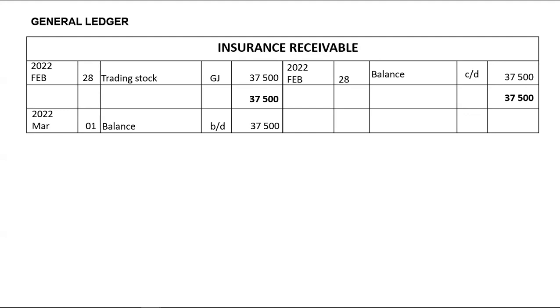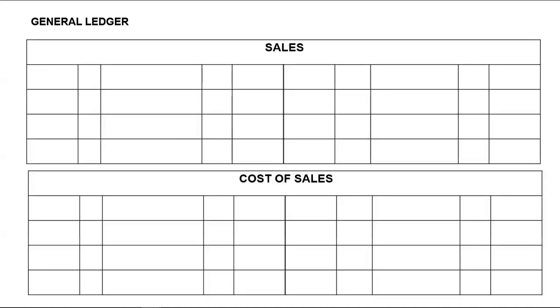Sales, which is income. So it's minus plus, it goes up on the credit side. Our balance for sales at the end of the year from the trial balance is 500,000. It will be reduced by the total debtors allowances amount, which is 66,000 plus 6,500. Let me just put the entire amount here.